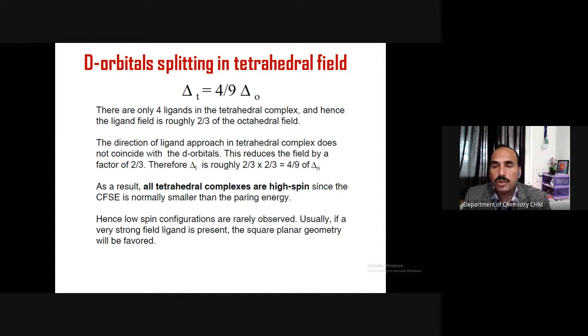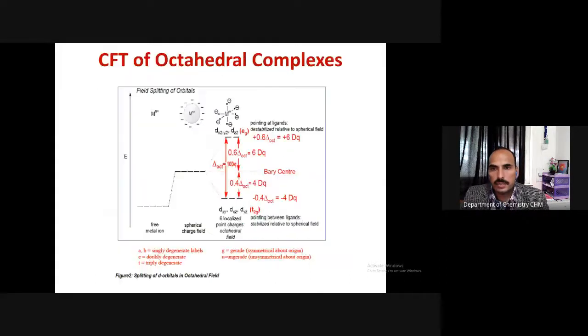So their energy goes plus 0.6 delta O higher than the barycenter, and the energy of the rest of the orbitals, that is dxz, dyz, and dxy, goes minus 0.4 delta O below the barycenter.